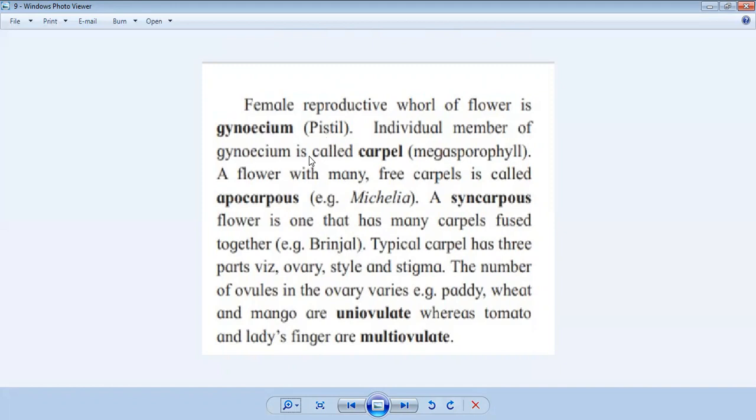The individual members of the gynoecium are called carpels. If we take a single member of the gynoecium, then it is called the carpel. You will get a structure like this, which again consists of three portions.